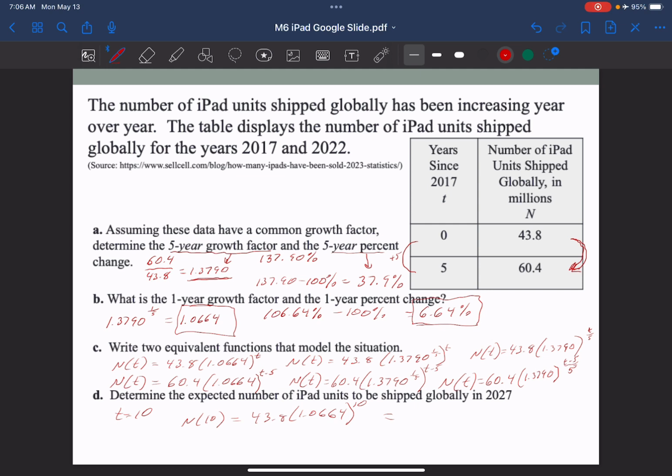And that will give us an answer of 83.31. So 83.31 million iPads will be shipped globally in 2027.